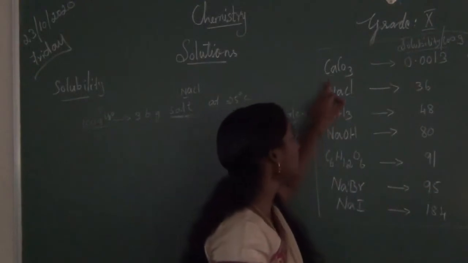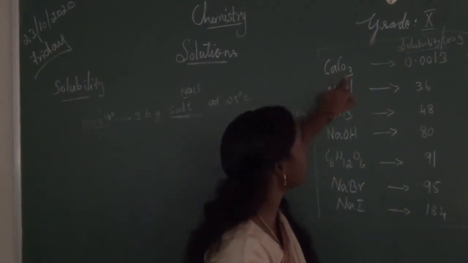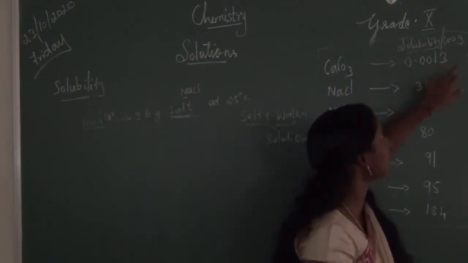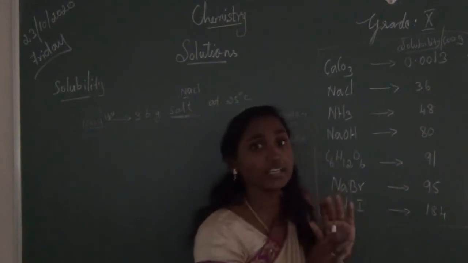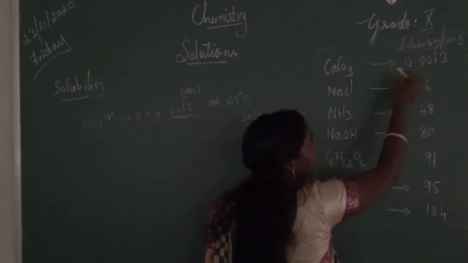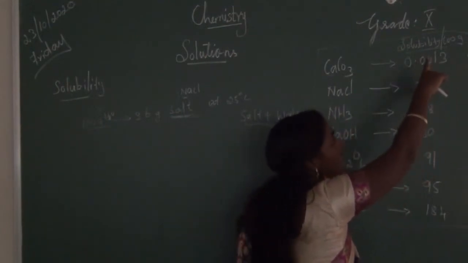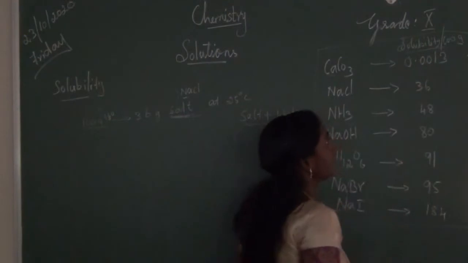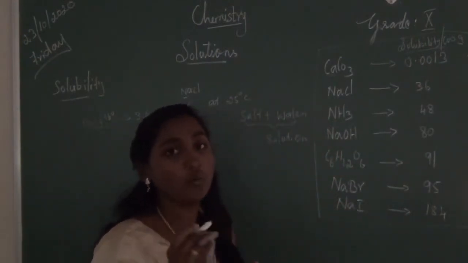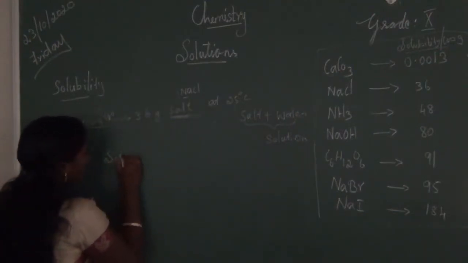Calcium carbonate solubility is 0.0013 gram. In 100 gram of water, calcium carbonate can dissolve 0.0013 gram. To calculate solubility, we have one formula.